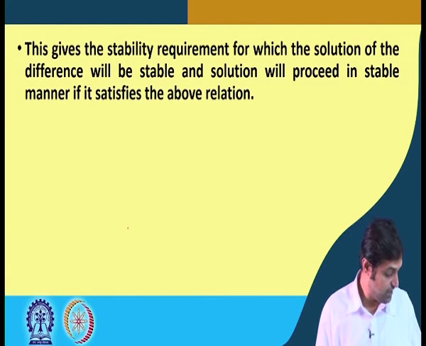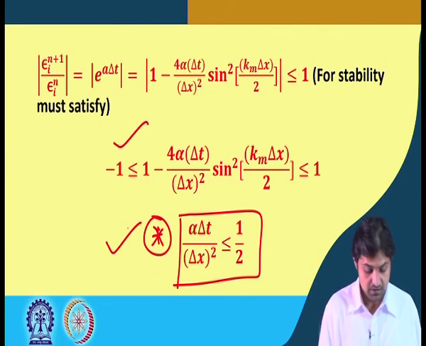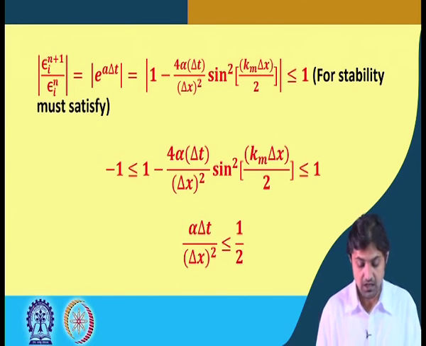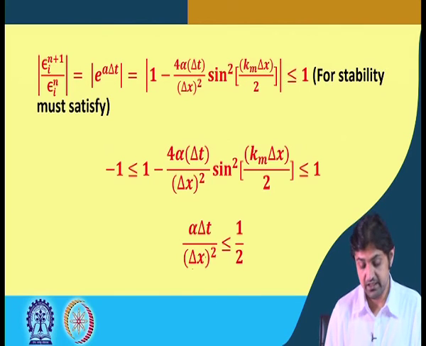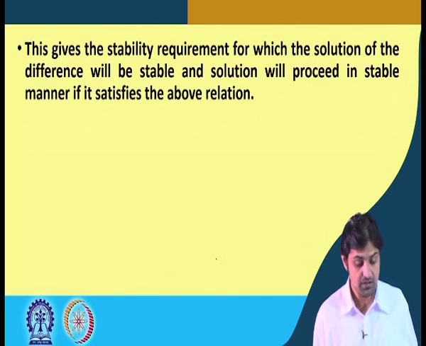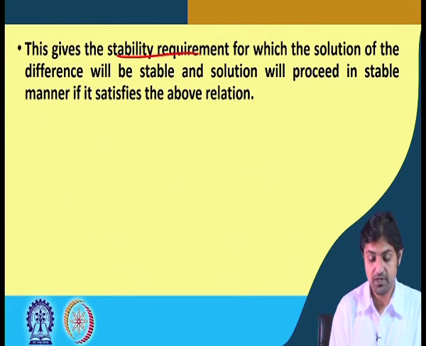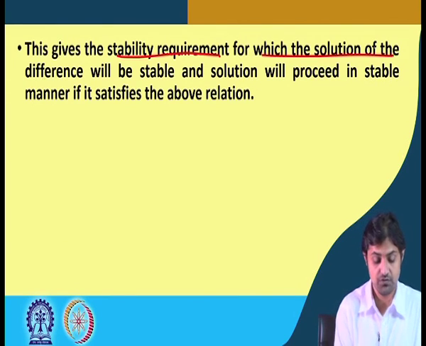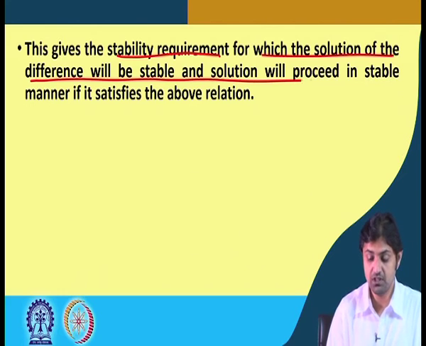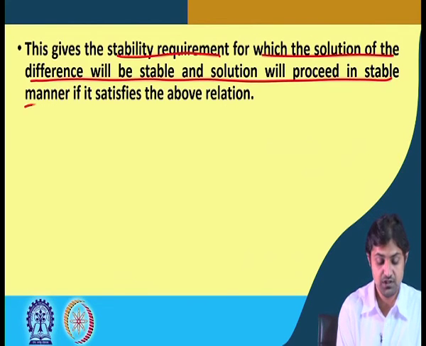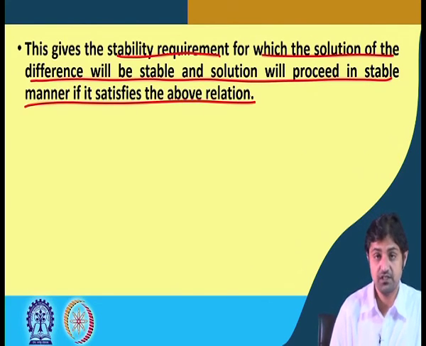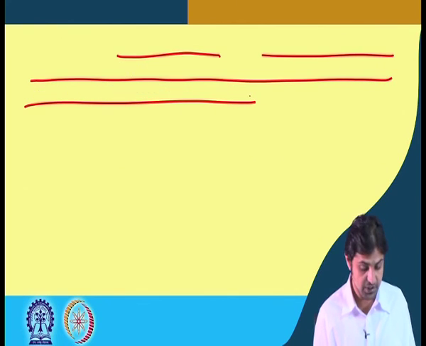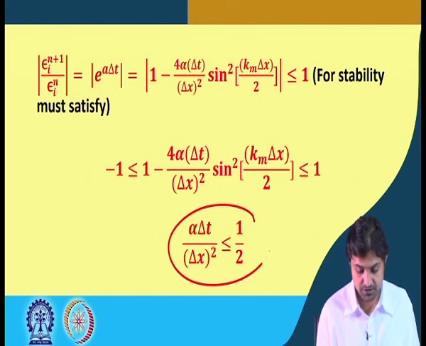So the final solution here, alpha delta t by delta x square less than or equal to half, gives the stability requirement for which the solution of the difference equation will be stable and will proceed in a stable manner if it satisfies the above relation.